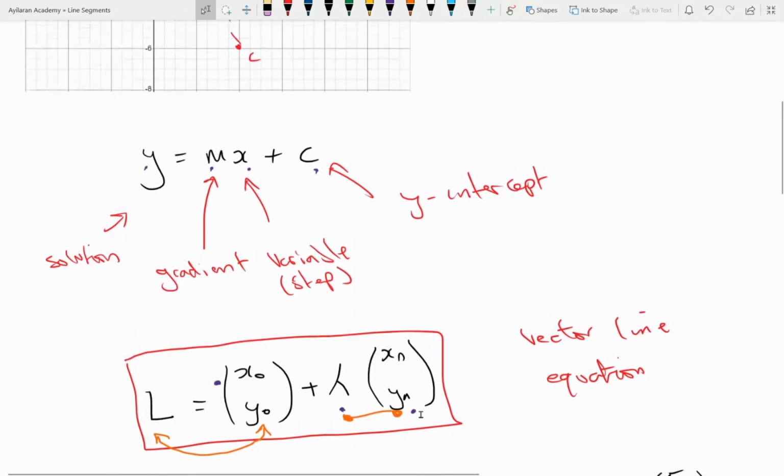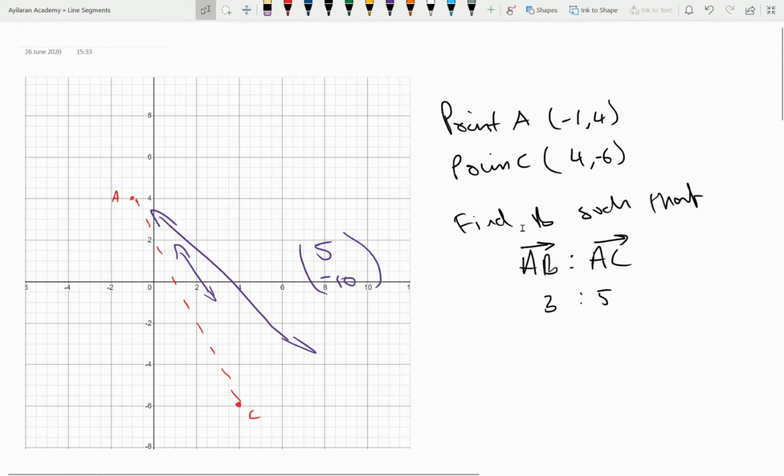So now we can extend it to this problem here. Find B such that the vector AB to the vector AC is equal to 3 to 5. So B lies somewhere along the line. But we don't need to be searching all along the line.